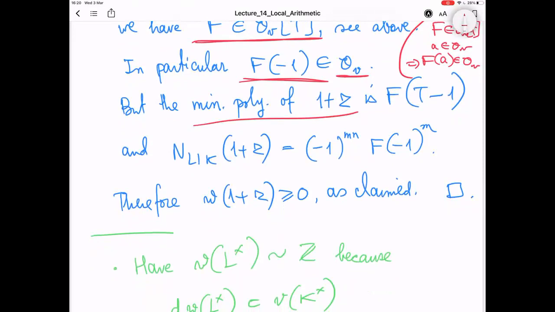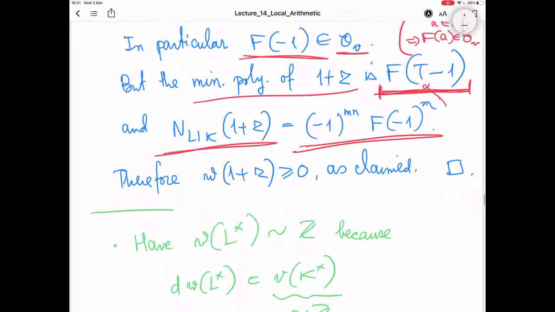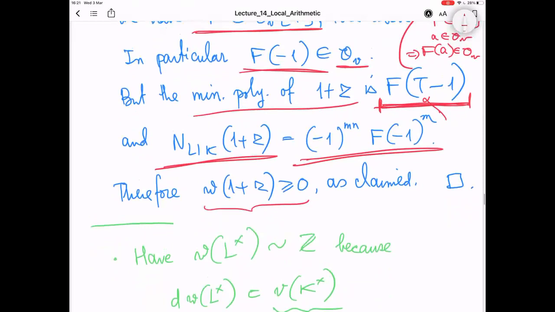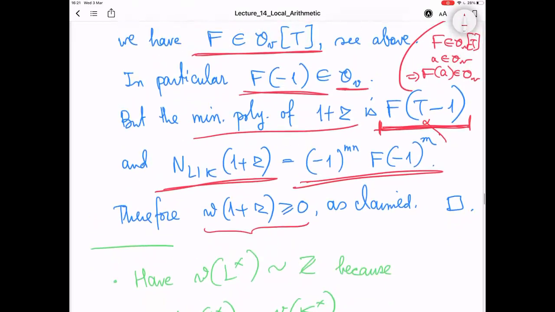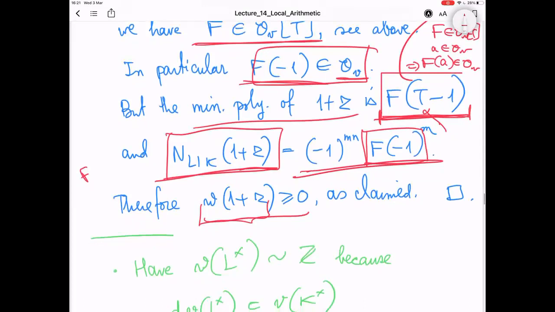It's f of t minus 1. And the norm of 1 plus z is f of -1. So the constant term of this, where you put t equal to 0, is f of -1 to the power m. And therefore, the valuation of 1 plus z is positive, because this valuation is basically related to the norm of 1 plus z, which is related to f of -1, and we have seen that f of -1 is in OV. Okay, so that's what establishes the claim.